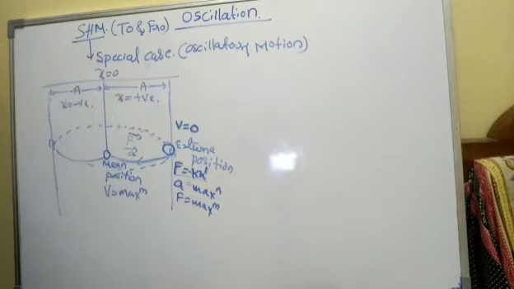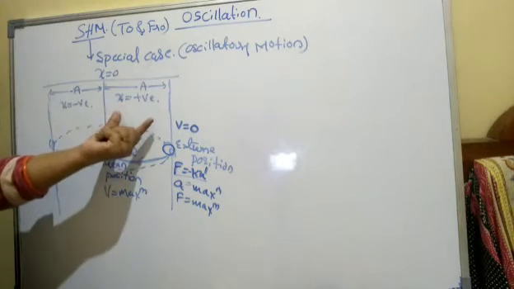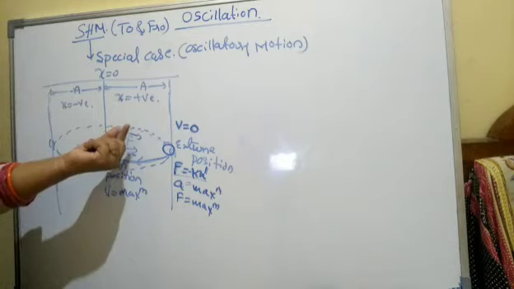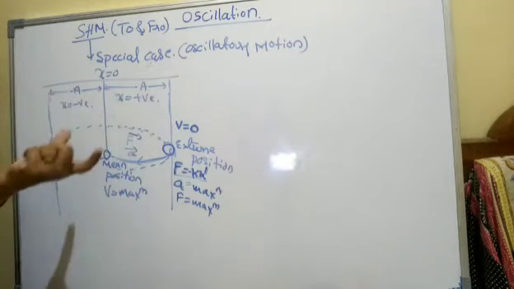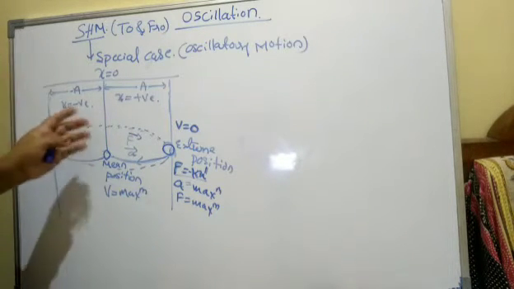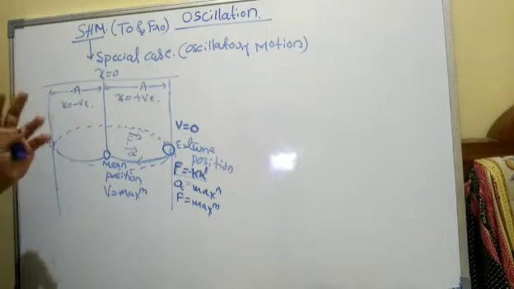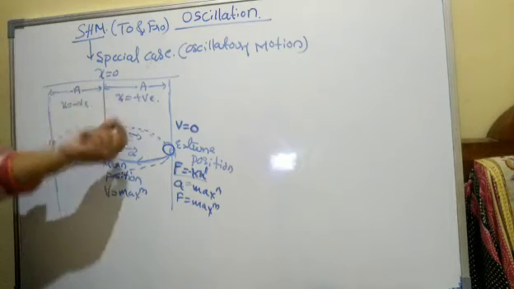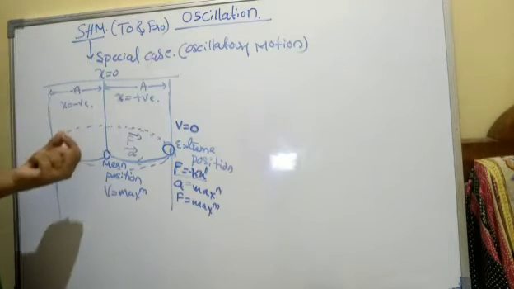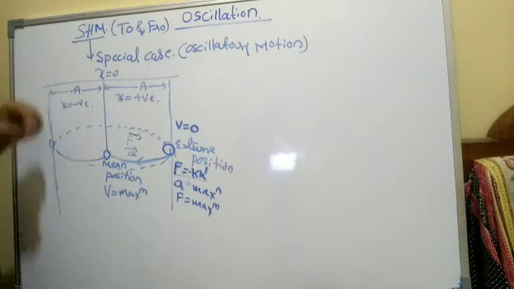What is the general format? Or if the particle is in between the extreme positions, what will be the equation? The particle executes to and fro motion, so we need to understand how it can be studied in the form of an equation. That is very important.